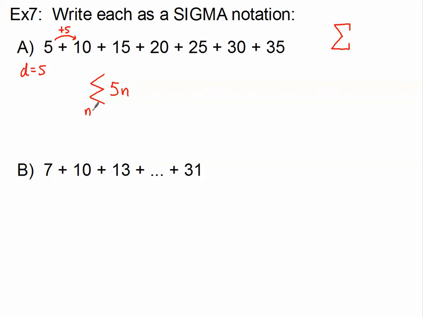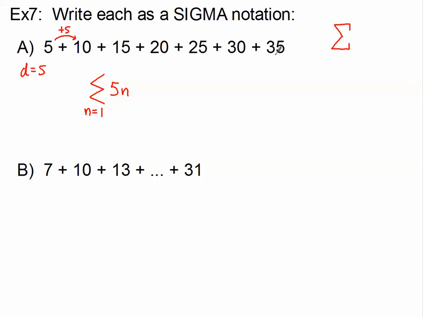Now, you could technically start with whatever lower bound you want, but I think that it makes the most sense to try to start with a 1 every time. And in fact, I can see that when I plug a 1 into this, I'm going to get my first term. And then if I plug a 2 in, I get my second term. And when I plug a 3, I get my third term, and so on and so forth. We need to know what the last number to plug in will be.